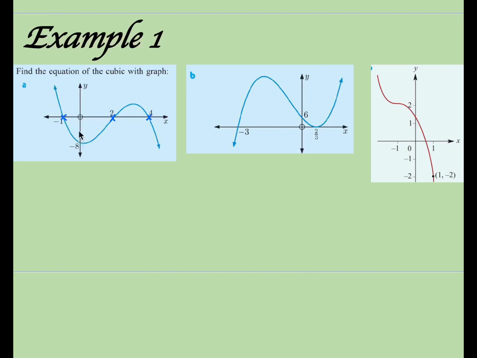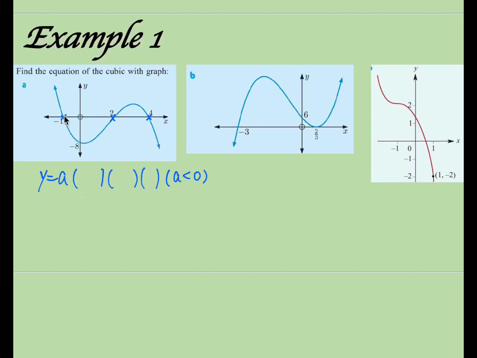For part A, it is climbing down double hills. If it is climbing down double hills, then the coefficient of x cubed will be negative. It means we are going to do it in this way. A is negative, and we see 3 x-intercepts, and it will tell us 3 linear factors.